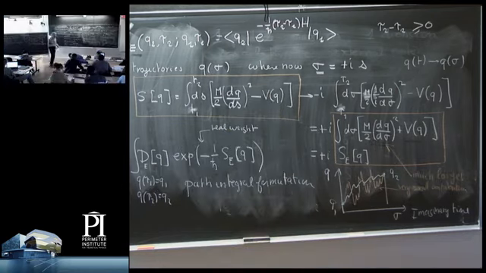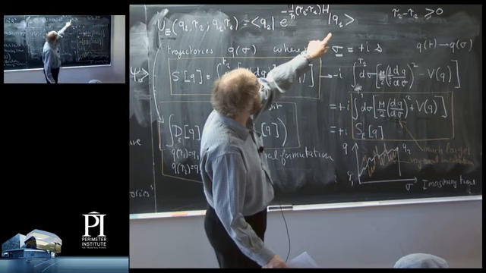You see? So if you use this formula, this means that you can construct the matrix element of this evolution operator at imaginary time as a probabilistic sum over histories. So this is a real, what mathematicians call a probability distribution.